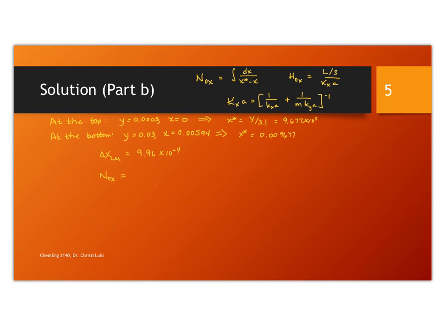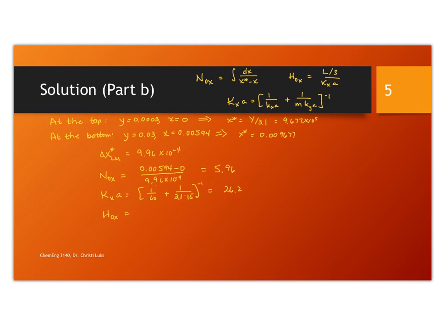This time it turns out to be 9.96 times 10 to the minus 4th. NOx, therefore, is going to be the difference between my x's at the top and the bottom divided by this delta X log mean. So I get 5.96. That's a very different number than I had before. But if we look at this, KXA is 1 over 60 plus 1 over the quantity 3.1 times KYA, which is 15, all to the negative 1 power, 26.2.